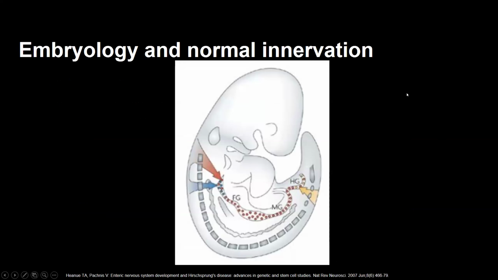And so how does this begin? Where does the embryology start from, and what's the normal innervation? Well, we have three sets of cells that really help to develop this gut in the embryo: the vagal neural crest cells, the anterior trunk neural crest cells, and the sacral neural crest cells. They all work really hard to innervate this entire tube once it has developed.